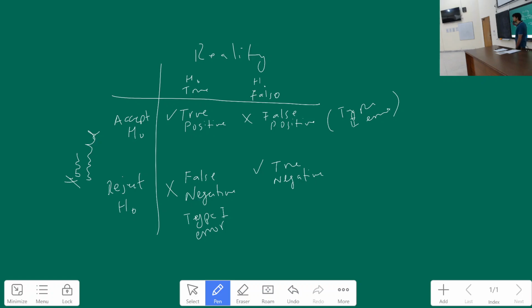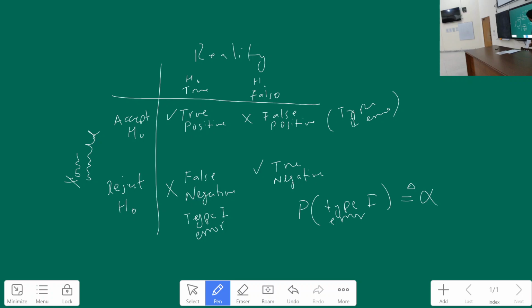Total probability of being wrong is of course the sum of these probabilities. Let's name them also. Of course, we are dealing with probabilities. So far, we just wrote the cases. We will call the probability of type 1 error alpha. It's not equal to alpha, it is represented by alpha.